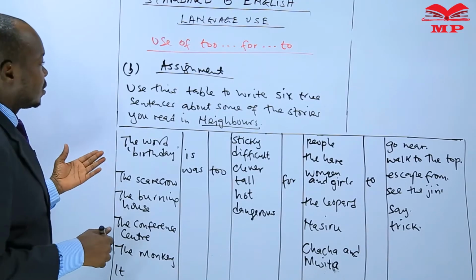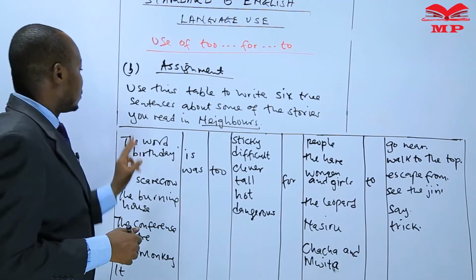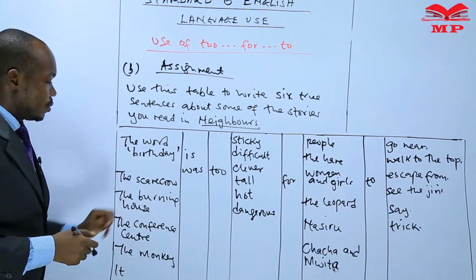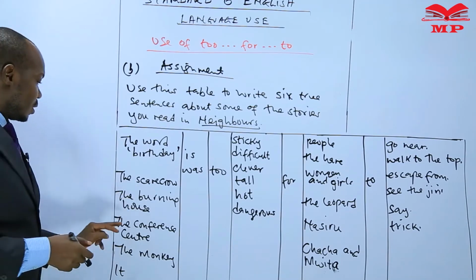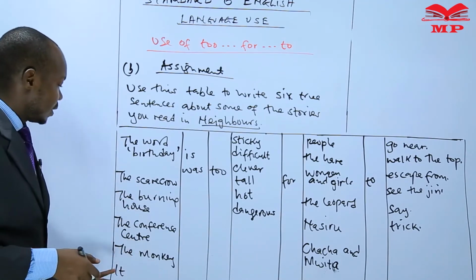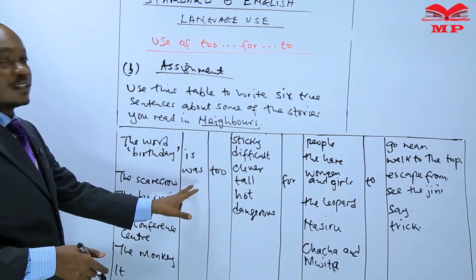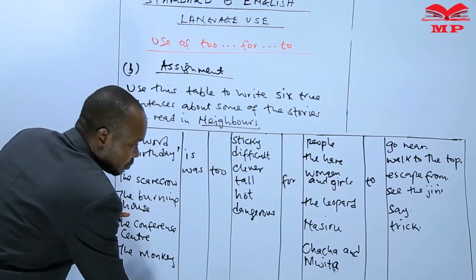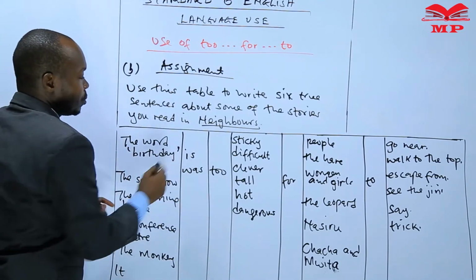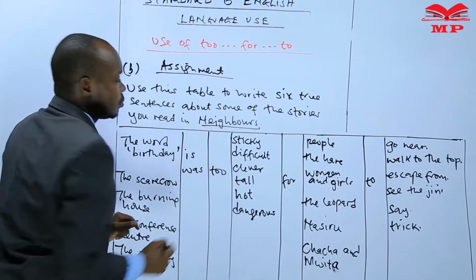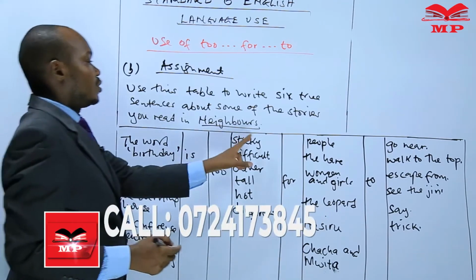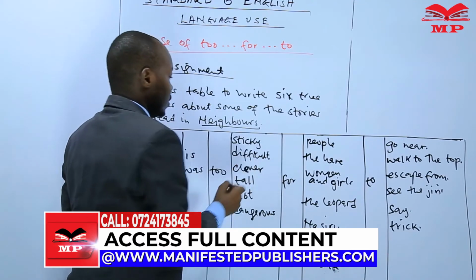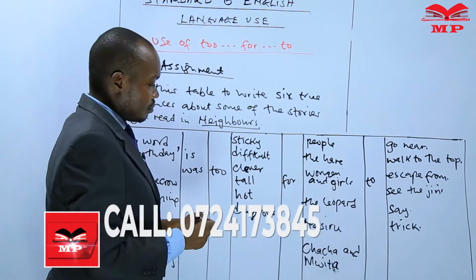And the words, as you can see, the word birthday in quotes, the scarecrow, the burning house, the conference center, the monkey, it. Second column, by the way, we call this a column, okay? Second column, we have is, was, to. Fourth column, sticky, difficult. This is clever, tall, hot, dangerous.